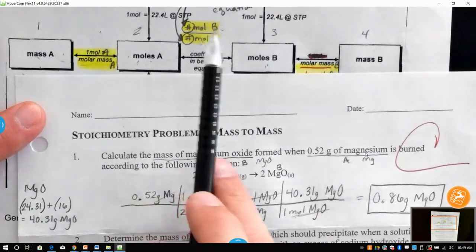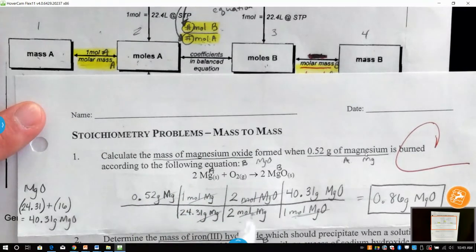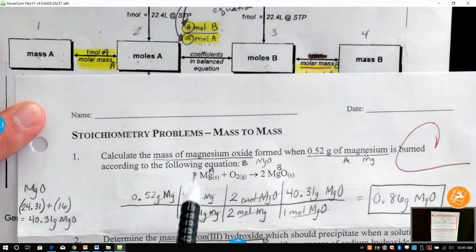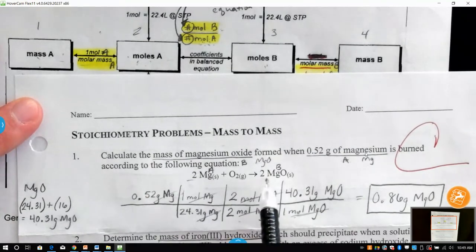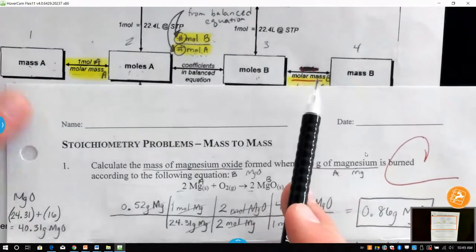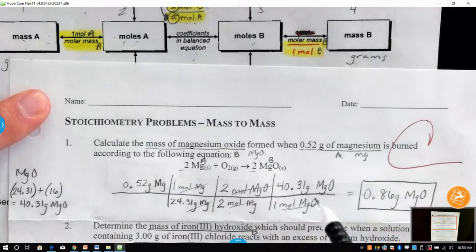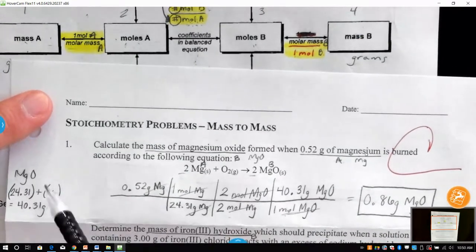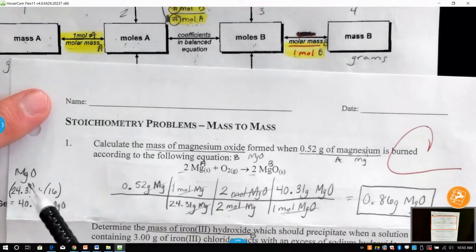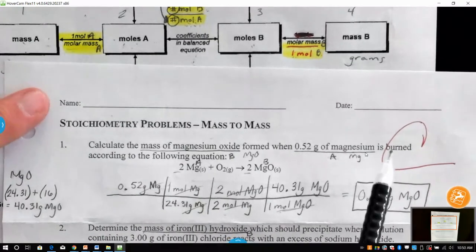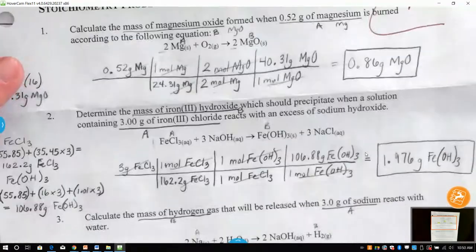Next step, moles of what we want on top, moles of what we were given on the bottom, and the numbers here come from the coefficients of the balanced equation, which was a 2 here and a 2 here. And then molar mass of the new substance, substance B, on top, and 1 mole on the bottom. For MgO, there were no subscripts, so you're just taking the mass of the 2 individual elements, adding them together, and multiplying across.